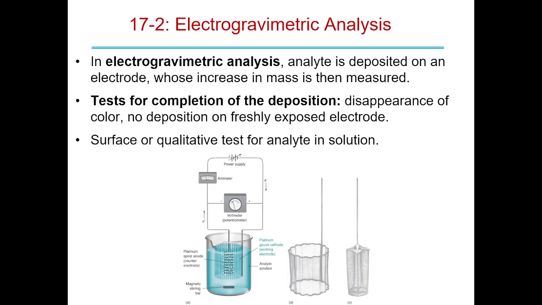So this test for completion of the deposition, the disappearance of color and no deposition on a freshly exposed electrode, is how you would test for whether this is done or not. Because you can't just go, oh, it's 10 minutes, now you're done, right? Because your reaction conditions will change things like that. That's that rate of reaction.